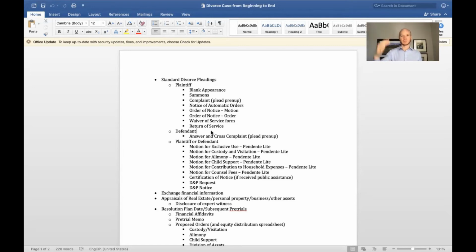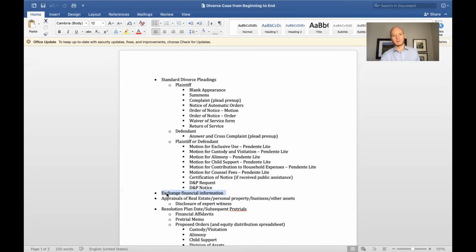It's essentially a total financial rundown for each party. So we exchange those so that we have an understanding of the finances. And then we also exchange supporting documents that we need to verify the information in the financial affidavit, make sure nobody's hiding anything, or just make sure we have a full understanding of the finances. So we would exchange all of that information.